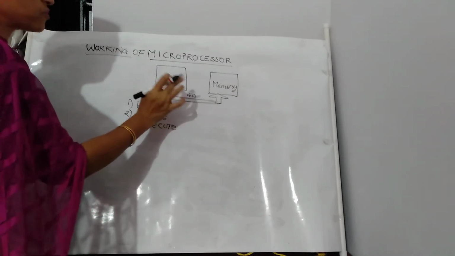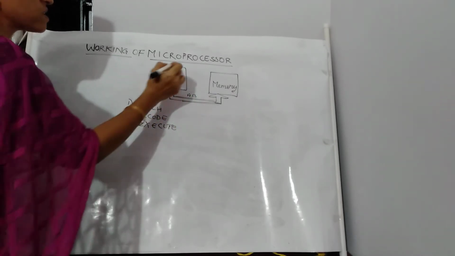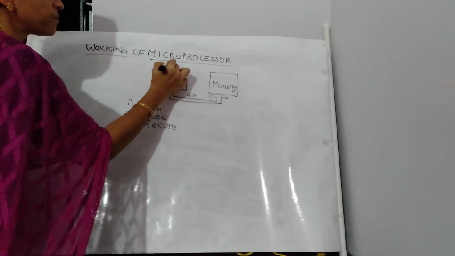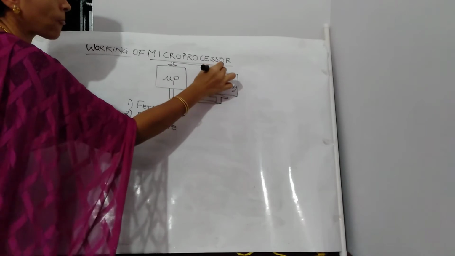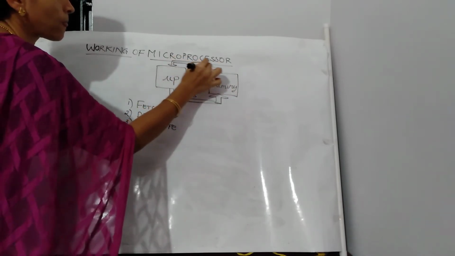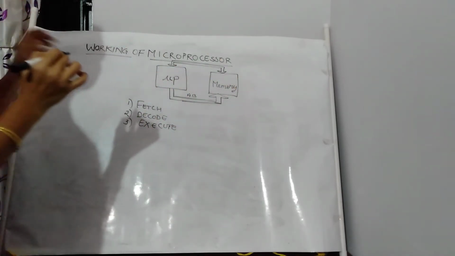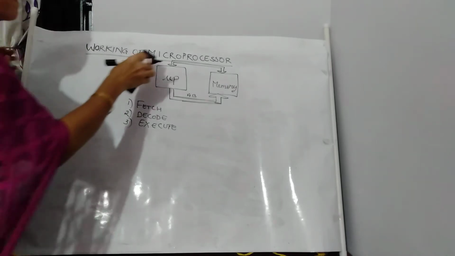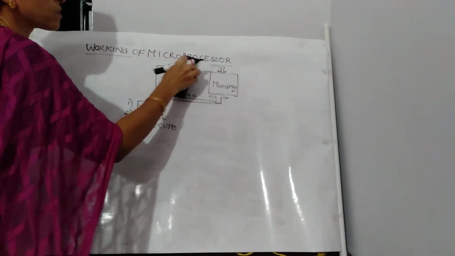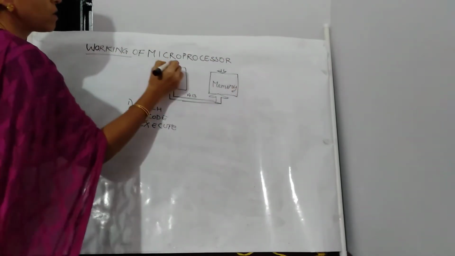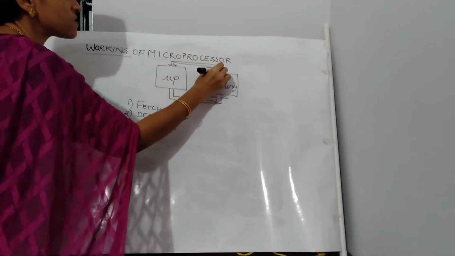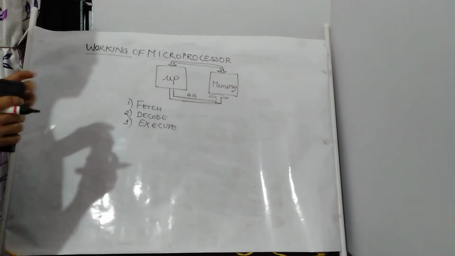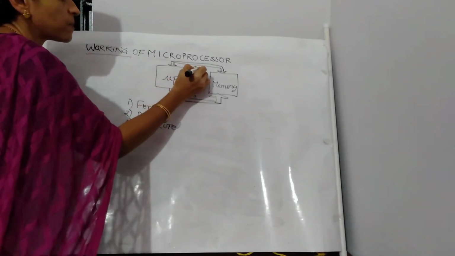So it will be in both the directions. Okay, so here both directions, because read and write operation has to take place. So this is the data bus.